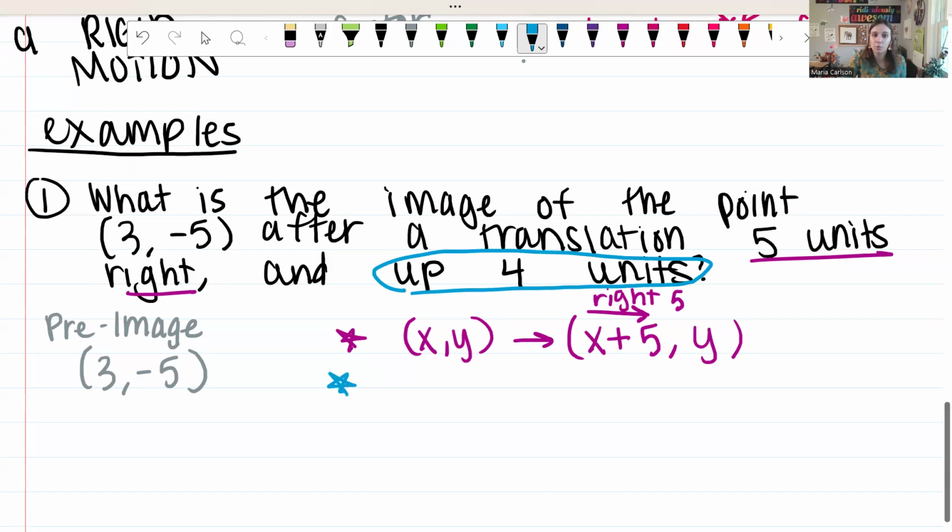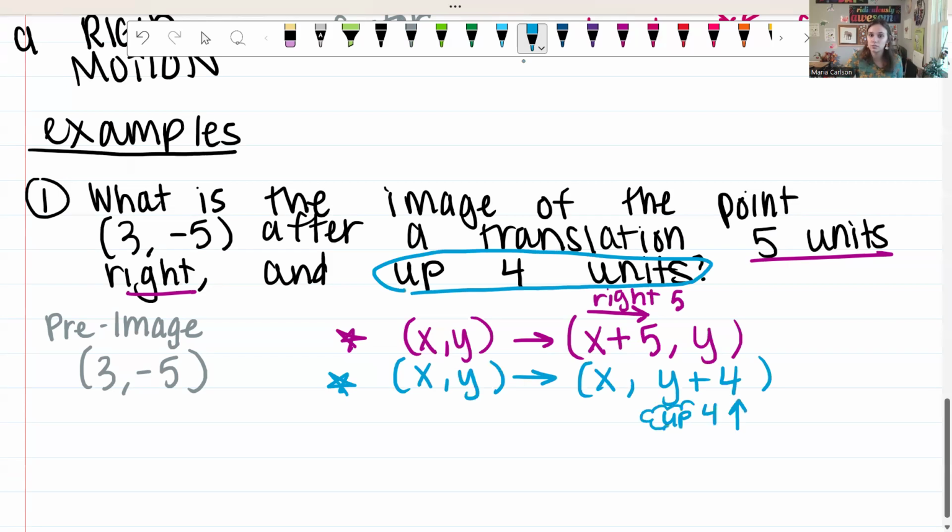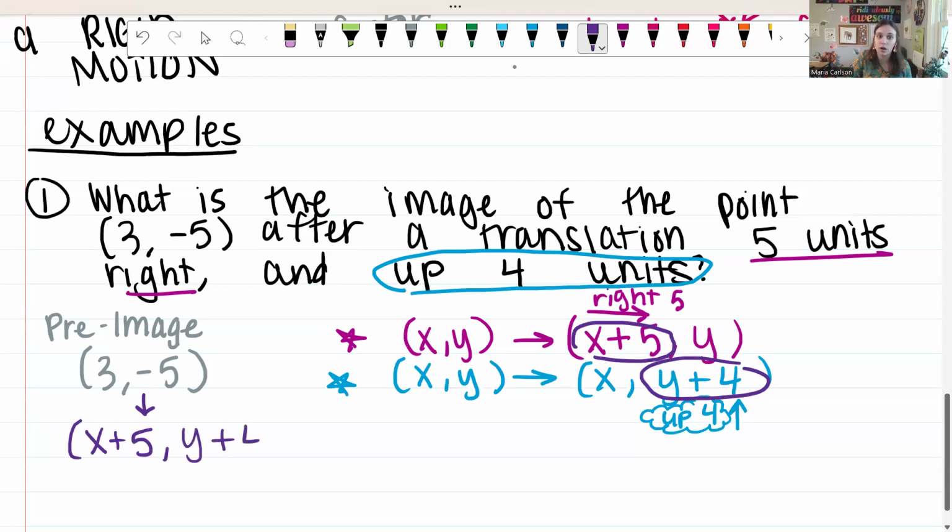So to do that, the point x comma y, now we're affecting the y values. So this would be x comma y plus 4. And this tells me then that we are going to go up 4 units. So we have to do both of these together. So really, we're adding on 5 to x and we're adding on 4 to y. So this point, 3 comma -5, we have to transform it and add 5 onto x and add 4 onto y.